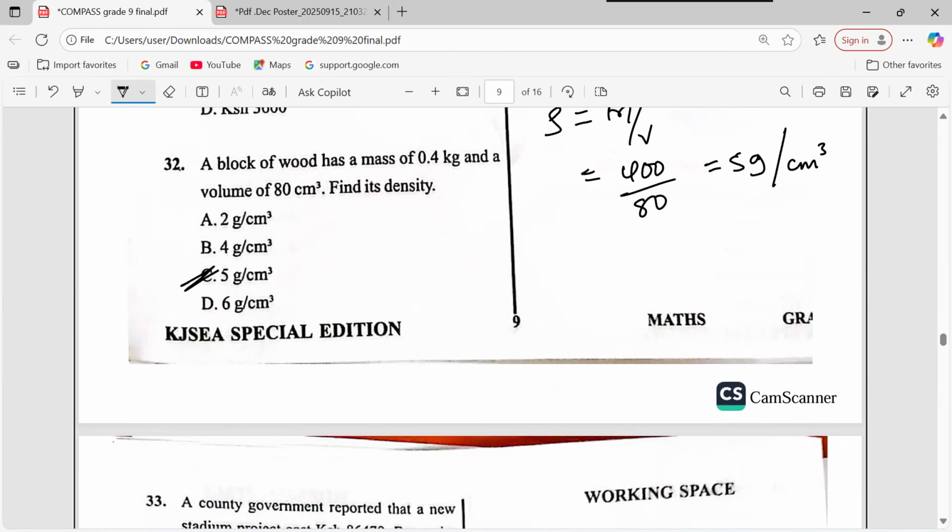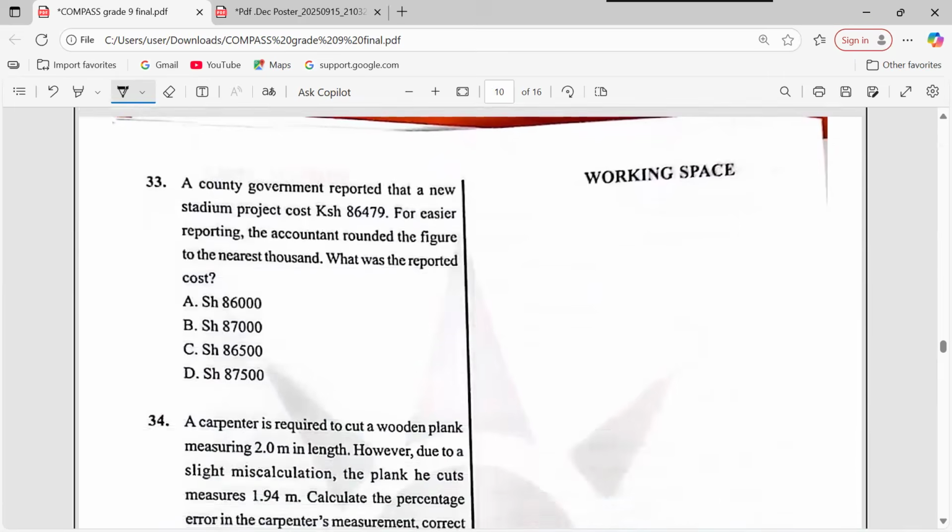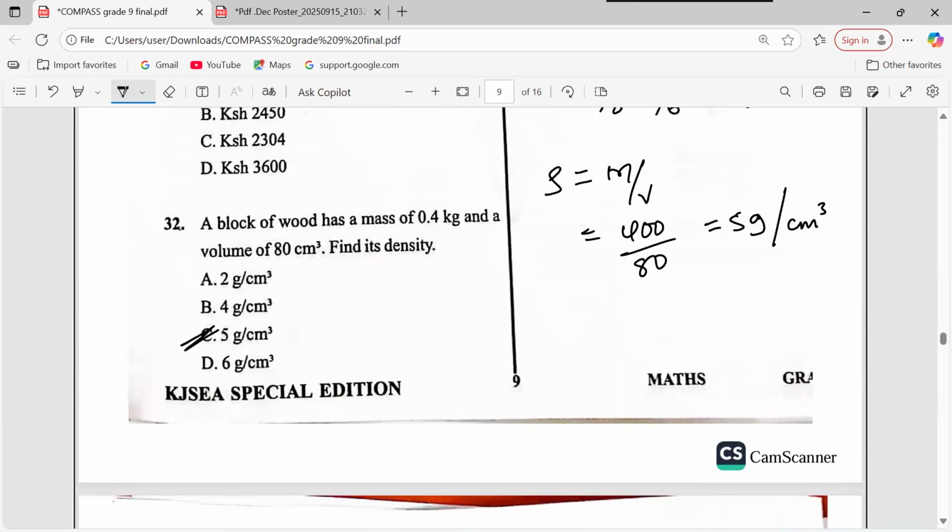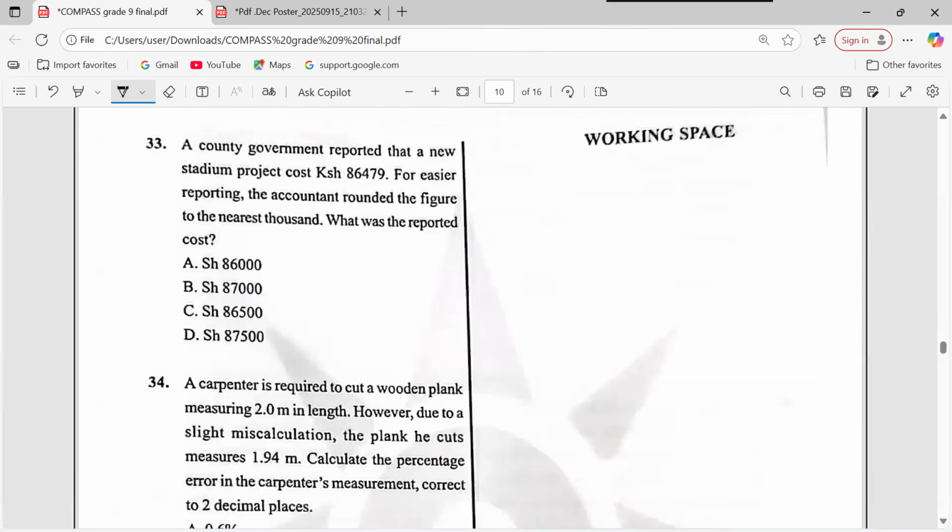We are done with 32. Number 33 now. A county government reported that a new stadium project cost 86,479 Kenya shillings. For easier reporting, the accountant rounded the figure to the nearest thousand. What was the reported cost? Look at this. We are having 8, 6, 4, 7, 9.